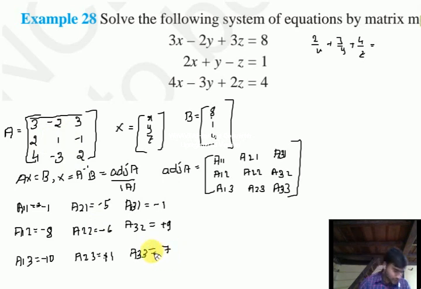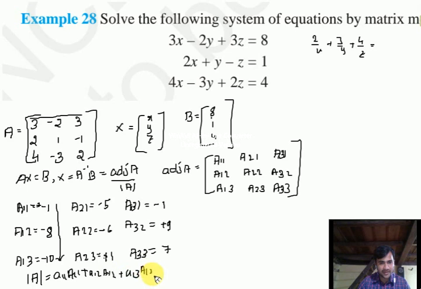So you need to write all these values. Now in place of adjoint of A, we shall substitute this. So again I will explain one hint. Determinant of A can be easily found using the first row, that is A11 into capital A11 plus A12 into capital A12 plus A13 into capital A13.